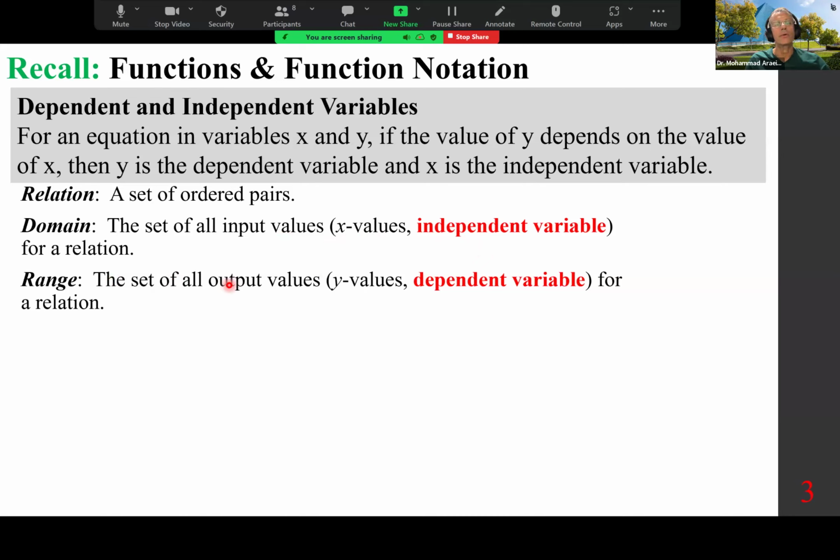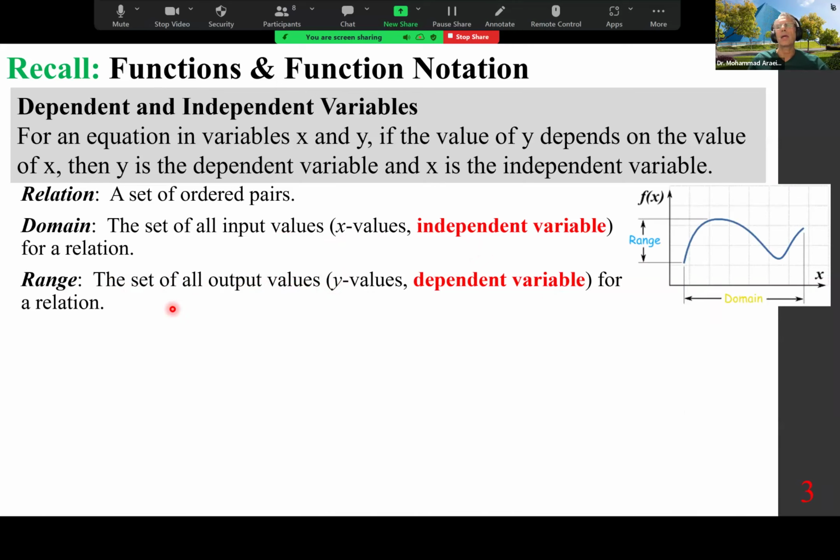Range: the set of all output values, known as y values, the dependent variable for a relation. For example, on a graph, the portion that it covers along the x-axis would be the domain, and the portion that it covers along the y-axis is the range.